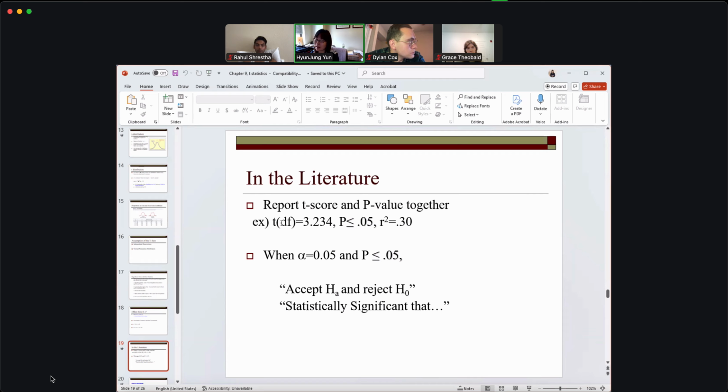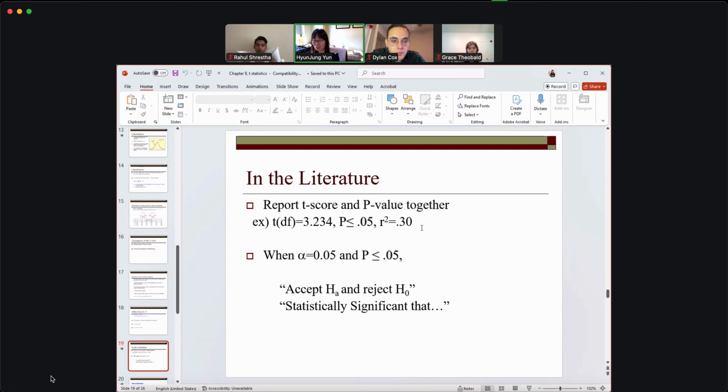And APA style and MLA style, sometimes they have the round bracket and square bracket. I don't care, it just depends on the style in your paper. But p-value and r-square value. So when we say an r-square value of 0.3 means, for example, whatever you did for the medicine or anything you just did in the experimental study or changes, it explains about 30% of changes in your population.